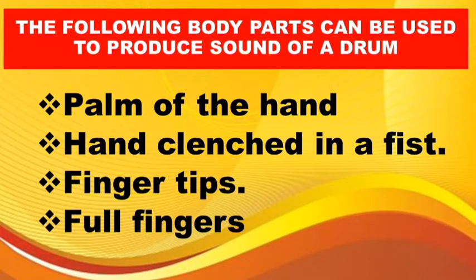The following body parts can be used to produce sound on a drum. For example, we use the palm of the hand, the hand clenched in a fist, fingertips, and full fingers.